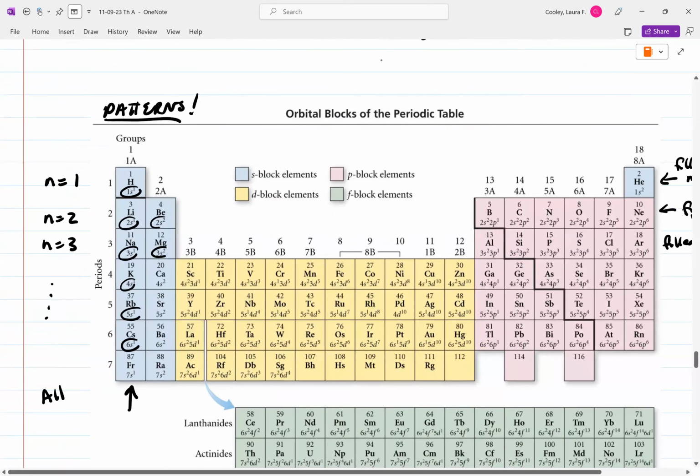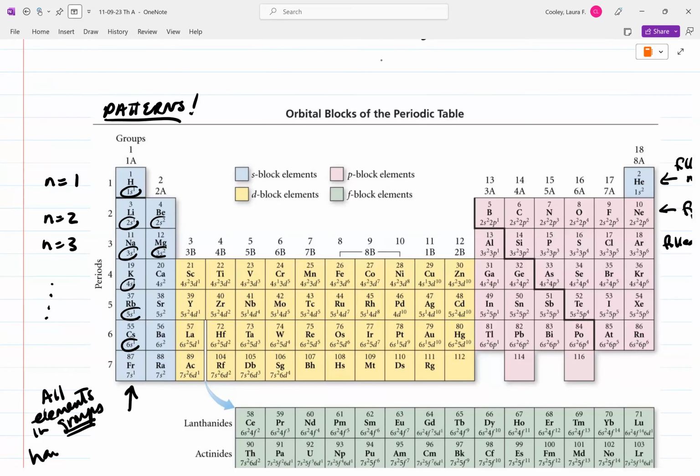So all elements in groups have the same valence electron configuration. You can take here, nitrogen, 2s2, 2p3, 4s2, 4p3, etc. Okay? And that is why they have similar chemical behavior.